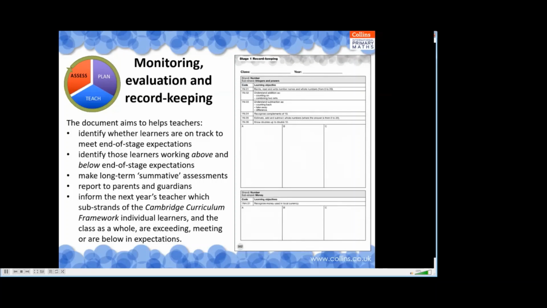In order to assist teachers with making both short and medium-term assessments manageable, meaningful, and useful, Collins International Primary Maths includes a class record-keeping document.